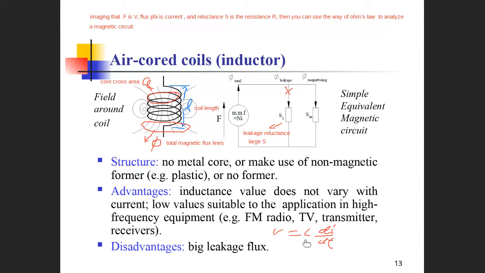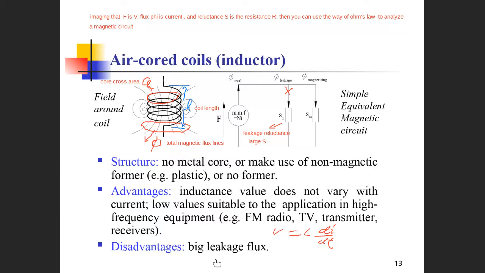Imagine that if di/dt, that is the change rate, is very, very high, and the inductance is very big, then what happens? The induced voltage is very big. That is terrible. So that's why in high frequency instruments we use a small and constant inductance. That's the meaning of it.